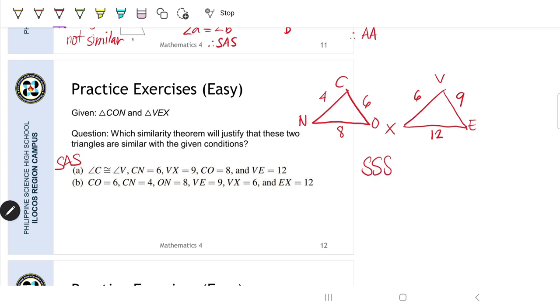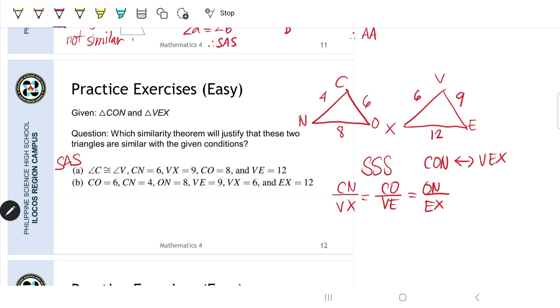But let's try to verify kung pwede ba talaga si SSS. So again, considering the correspondence CON and VEX, dapat CN over VX is equal to CO over VE, and that should be equal also to ON over EX.